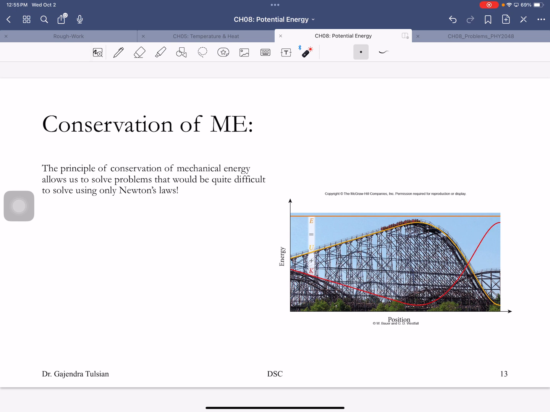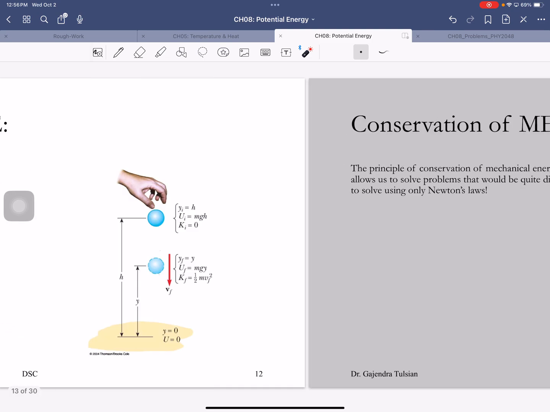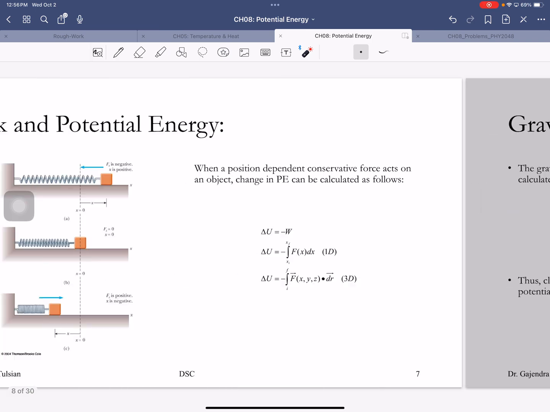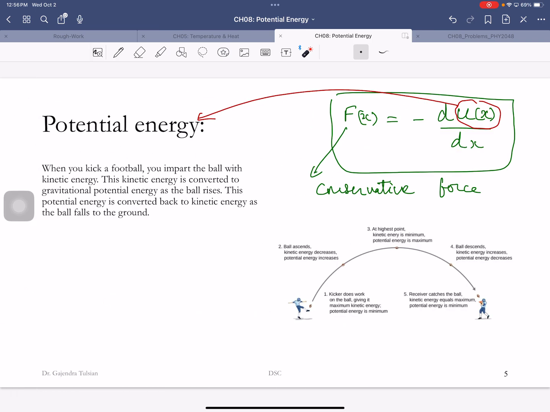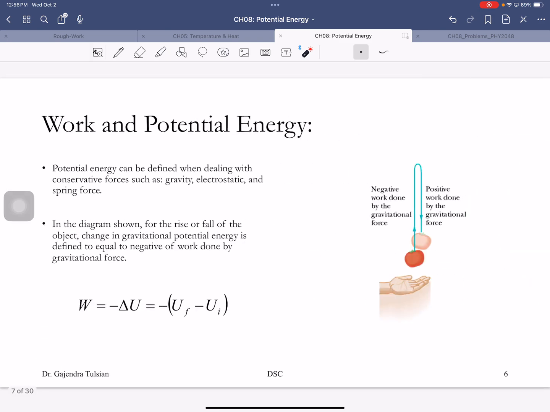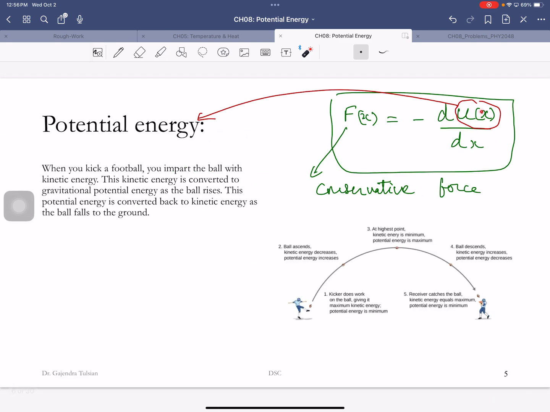It's going faster. But the sum of these two, the total mechanical energy, remains constant. All right, so that is the potential energy function.